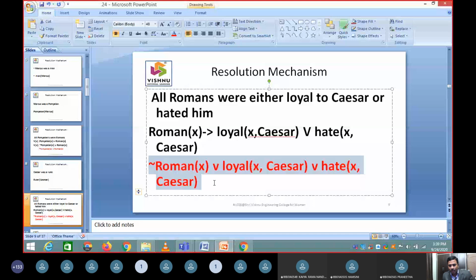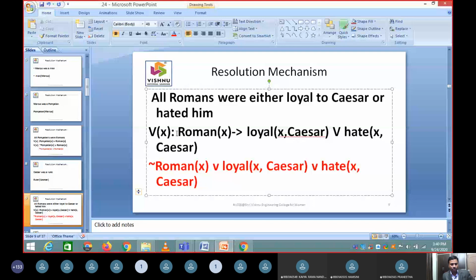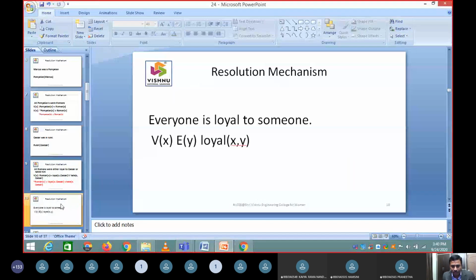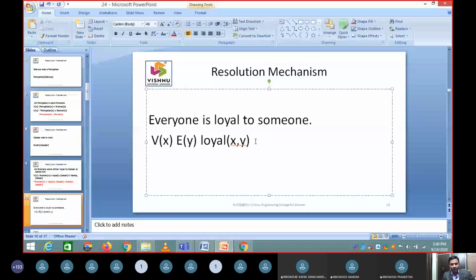All Romans were either loyal to Caesar or hated him. So obviously I have missed something that I have to write. In general I have to write for all x here, in the earlier slide, but the for all can be removed here, and this can be negation of Roman. This is as per the rule that we have done. Next, everyone is loyal to someone.